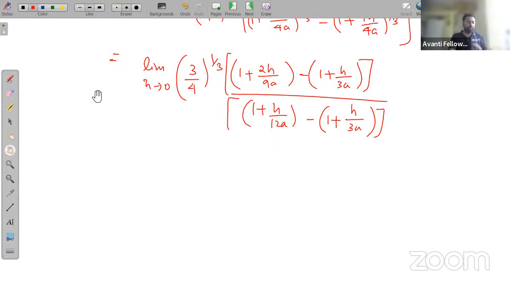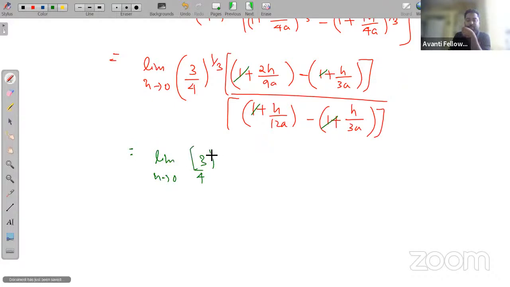Now you can see the 1 will be cancelled out here, and also here the 1 will be cancelled out. So what we have is the limit h tending to 0, (3 upon 4)^(1/3), and here we have h upon a.